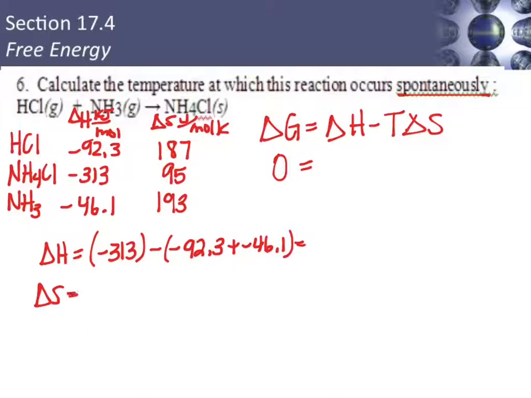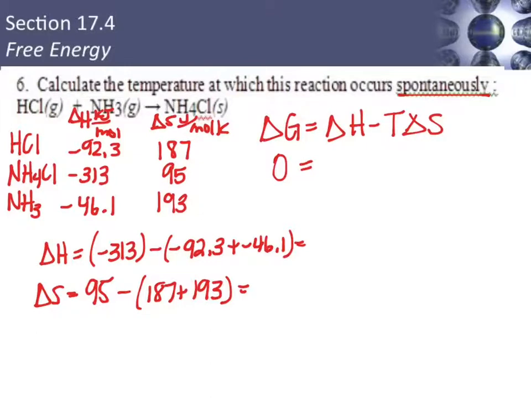Delta S is going to be 95 minus the sum of 187 plus 193. They're all 1 mole, so I didn't multiply anything by anything. If they weren't 1 mole, then we would need to multiply by whatever the number is.